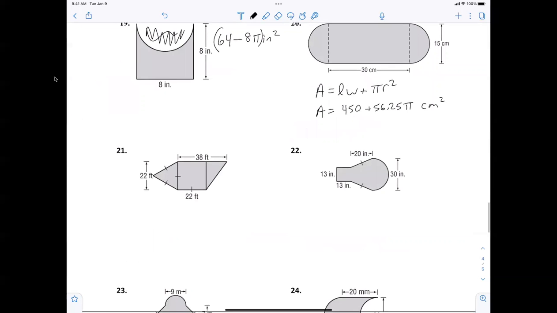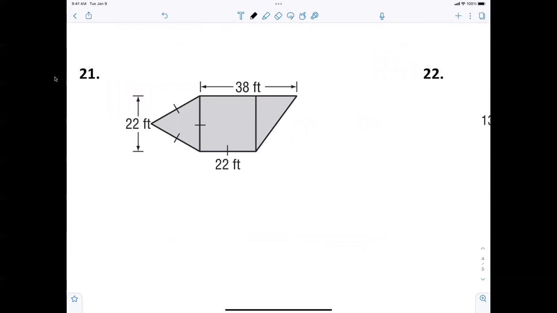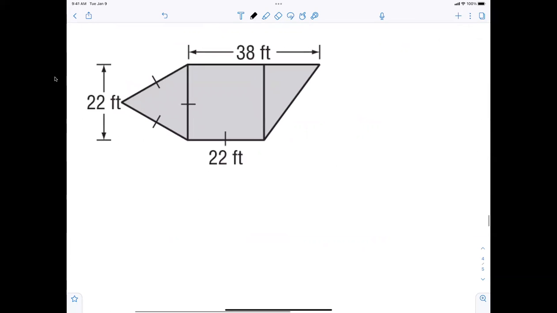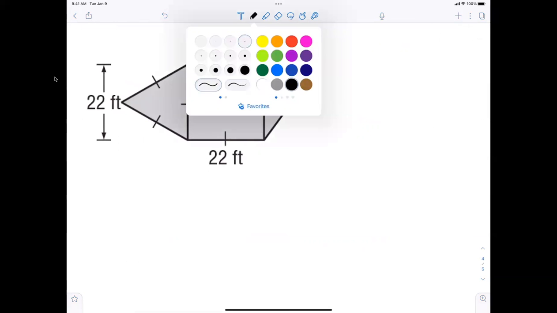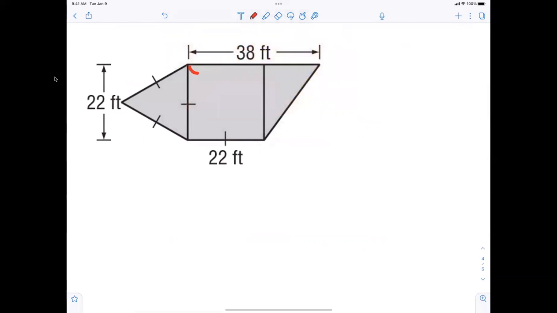Okay, so let's take a quick look at 21. Yeah, we can find the exact area here. So I need some help here with this. What's this length from here to here? 22. So what's the length from here to here? Thank you.